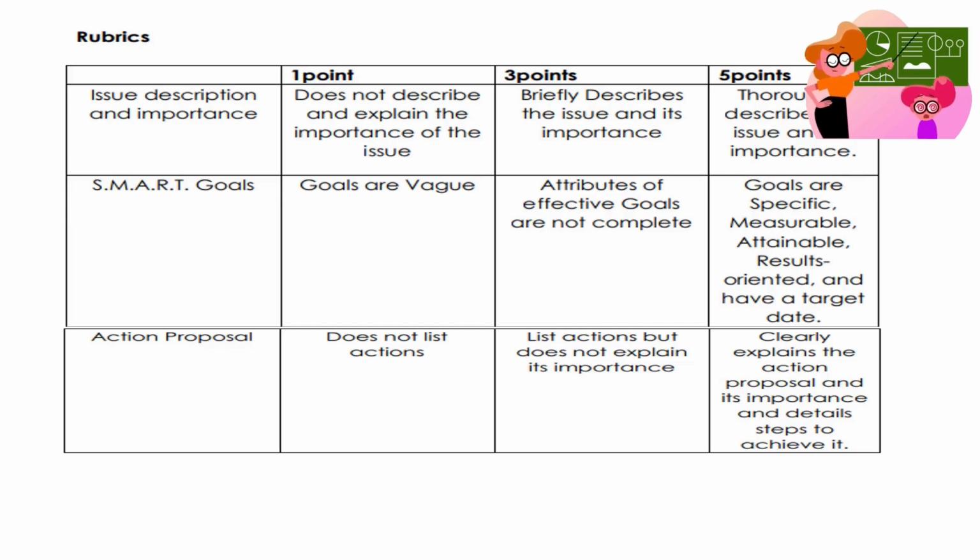Attributes of effective goals are not complete and list actions but don't explain their importance. And you are going to get 5 points if you thoroughly describe the issue and its importance. Goals are specific, measurable, attainable, results-oriented, and have a target date. And clearly explain the action proposal and the importance in detail, with steps to achieve it.